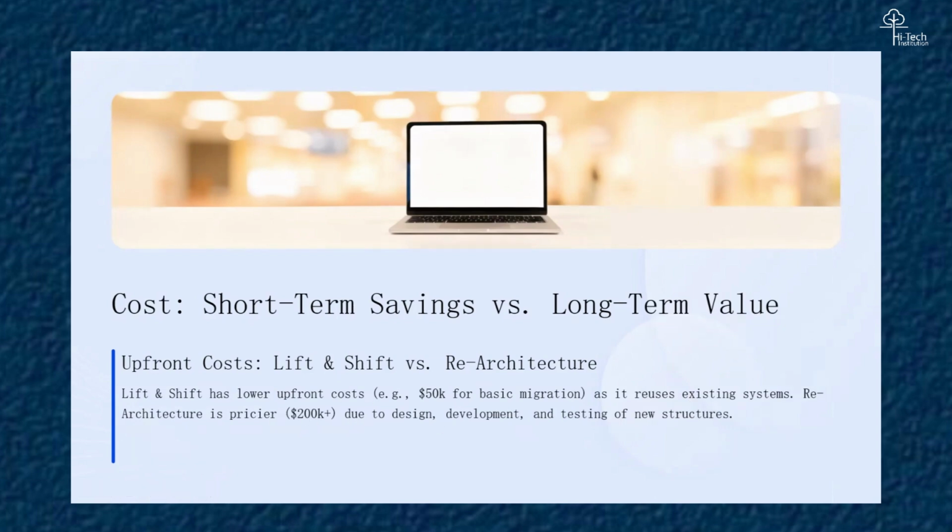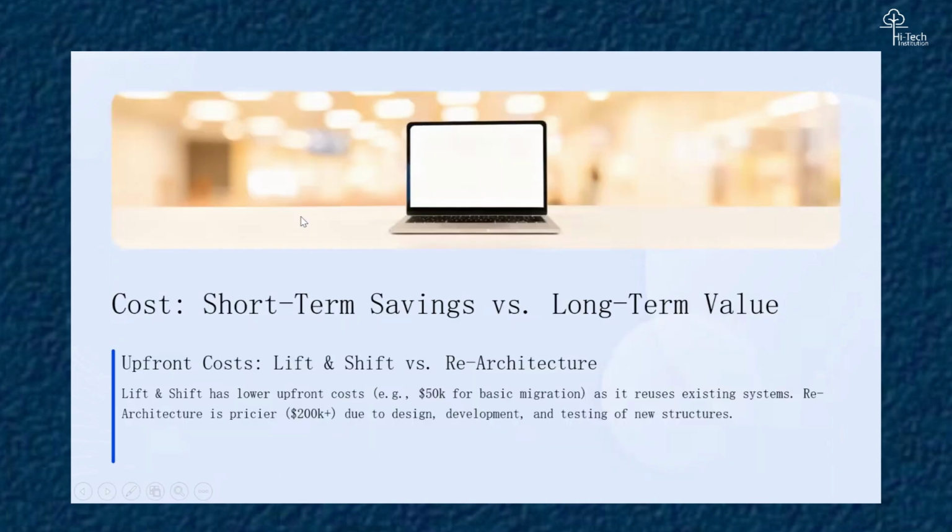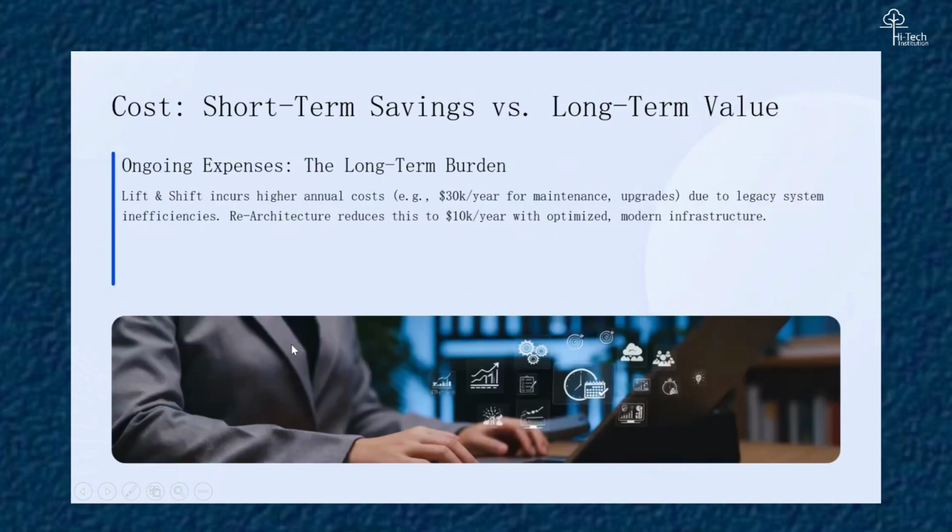This is the average, approximate value, not an exact value, because pricing varies from scenario to scenario and infrastructure to infrastructure. So this is the upfront cost, and this is the ongoing expense, the long-term burden. Short-term savings versus long-term value, so I mentioned that here.